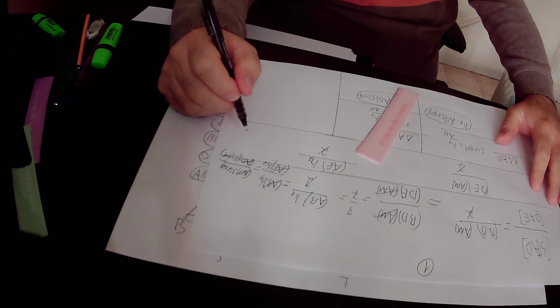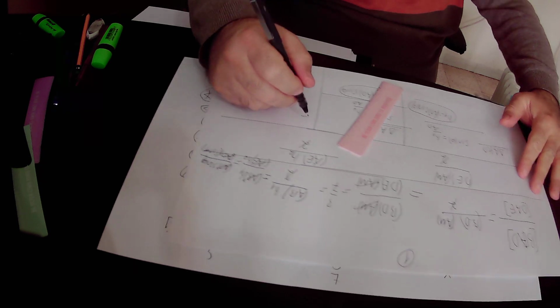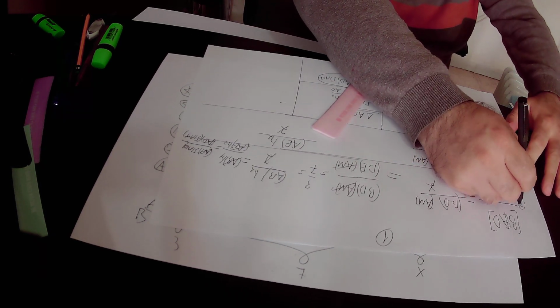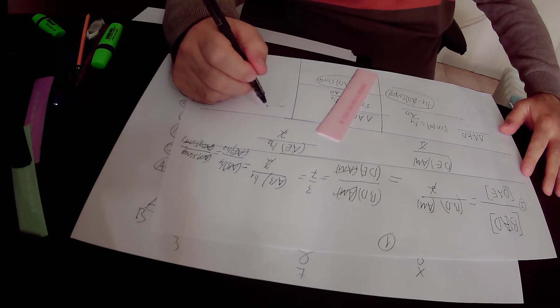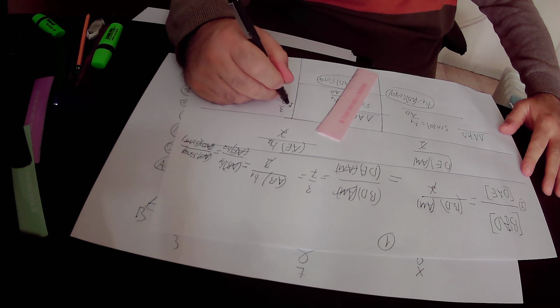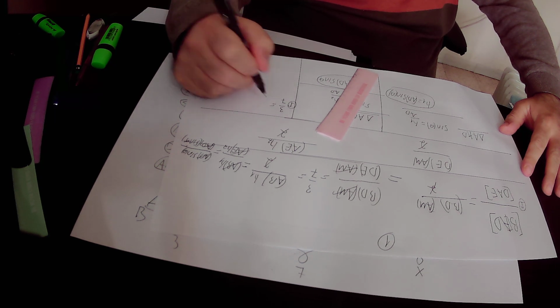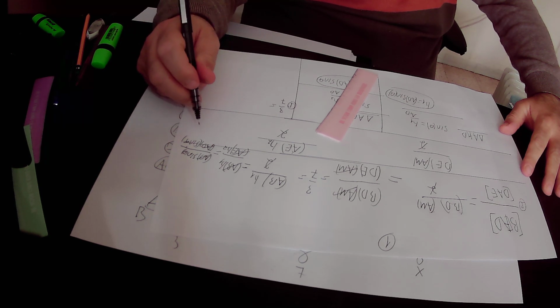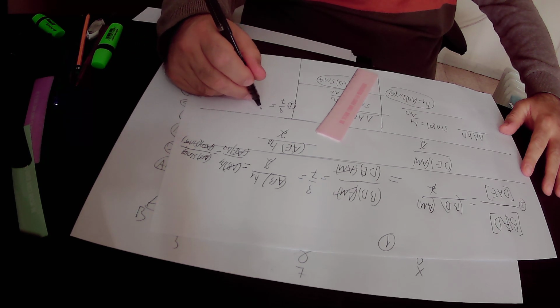In conclusion, according to equation number 1, 3 over 7 is equal to sine theta over sine alpha.